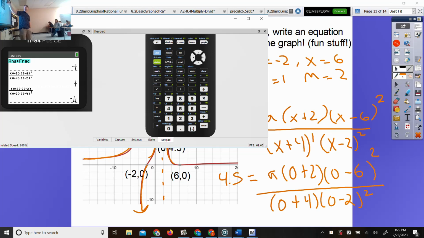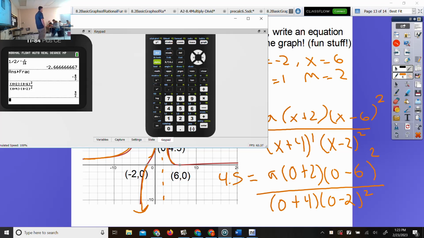That was it right there, wasn't it? Probably didn't have any calculator, by the way. That's good money if you push the up arrow a couple of times. These things remember everything. You've got 9/2. That's what's attached to A. What's 9/2 as a decimal?